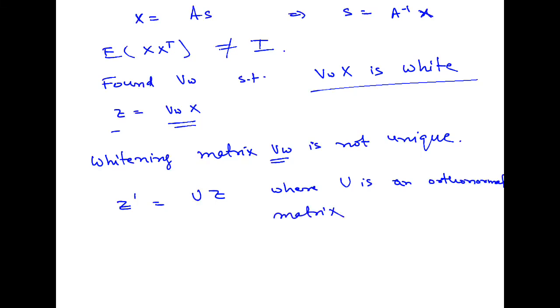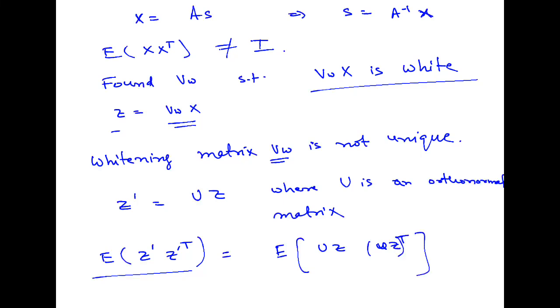Okay? So clearly Z prime is not the same as Z. I can do any orthogonal transformation. What is the expectation of Z prime Z prime transpose?